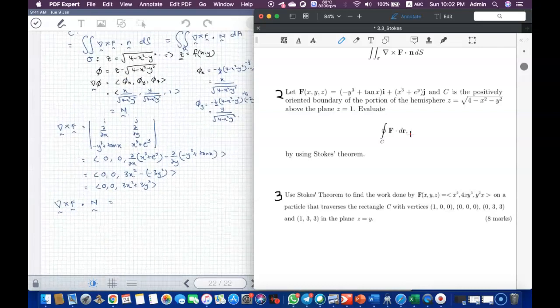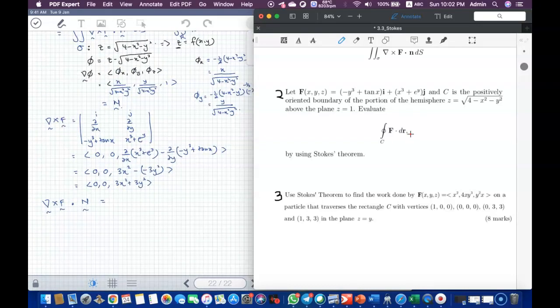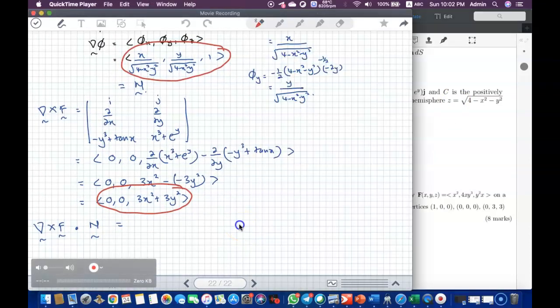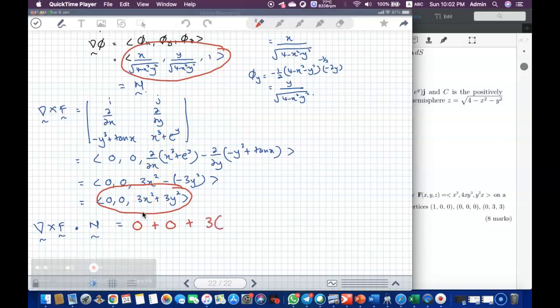Then you need to find the dot product between the curl F and the N. So you need to multiply this one and this one, component by component: x with x, y with y, z with z. So x multiplied by 0 gives 0, plus the y component multiplied by 0 gives 0, plus 1 multiplied by 3x squared plus 3y squared.